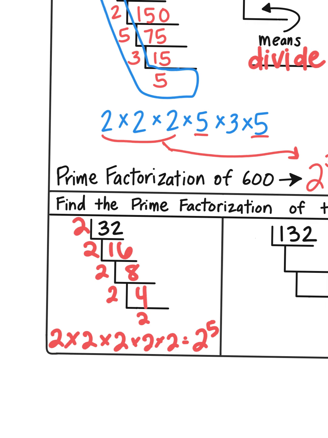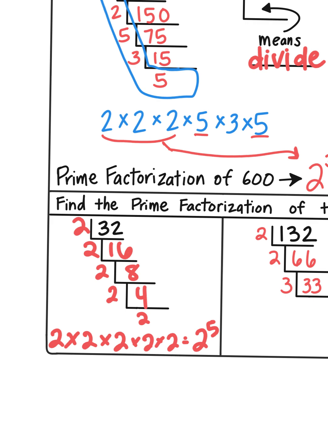Okay, yellow and blue, walk me through the next one. 132 divided by what? 2 is what? 66 divided by 2? 33.